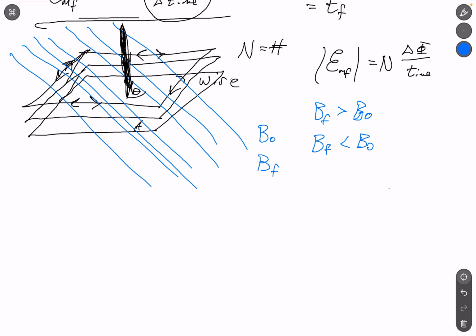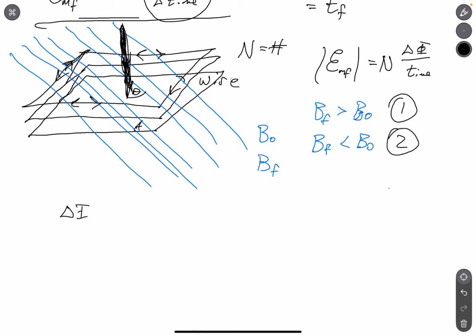And we're gonna figure out the direction for the current in the wires, due to this B final and B initial, whether they're bigger or smaller than the other one. All right, so let's do case number 1 first. This is case number 1. This is case number 2. And case number 1, easy peasy.